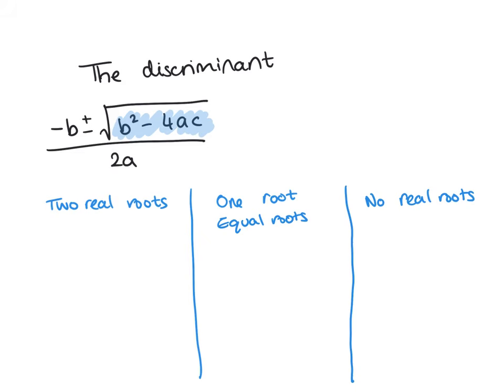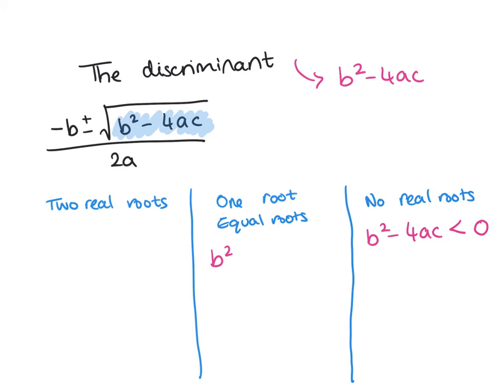Now, this happens, believe it or not, on 3 different occasions. So the discriminant is b squared minus 4ac. Is everyone happy with that? We get an imaginary number if we try to square root a negative number. So for any equation, if b squared minus 4ac is less than 0, we get no real roots.